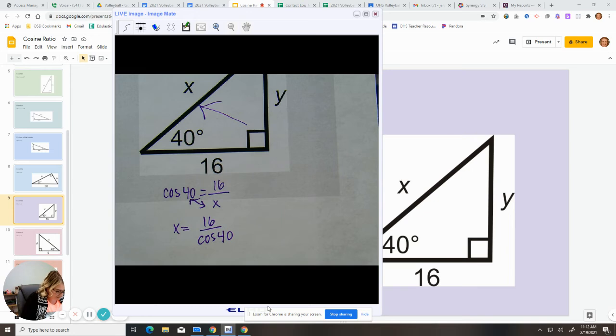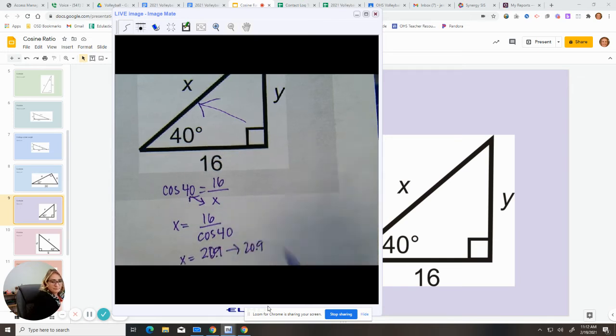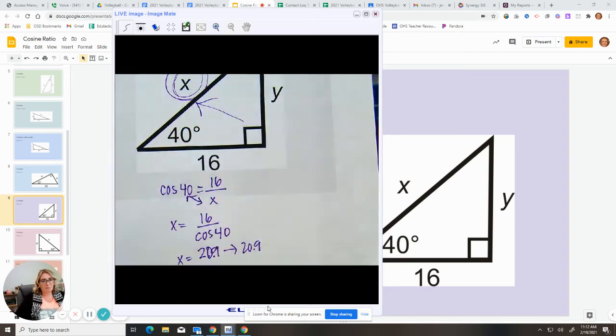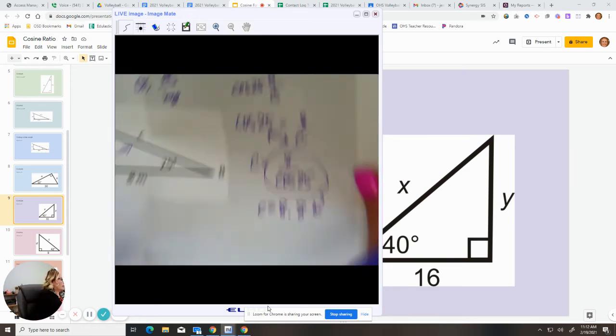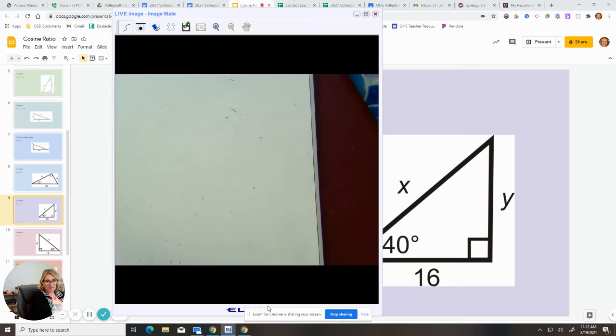And when we plug that into our calculator, we get X is equal to 20.9. I didn't write that very good. 20.88, but that would round to 20.9. So anytime you're solving for the hypotenuse, that is how you're doing it. It was the exact same when we were solving this one right here for the hypotenuse. We are dividing to find that.